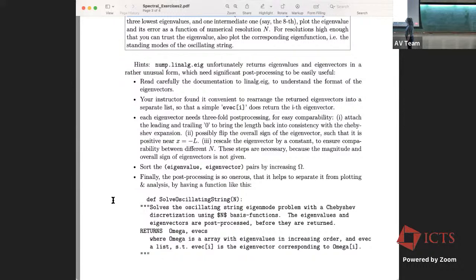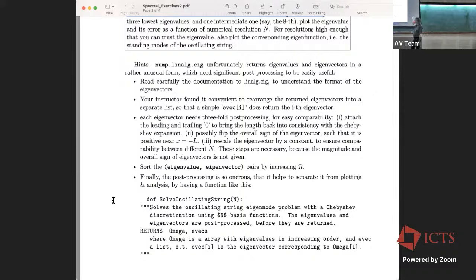Number one, the format in which the eigenvectors are returned I find awkward to work with. So I would suggest you rearrange whatever is coming back into a list, such that you can write evec of i to get the ith eigenvector.